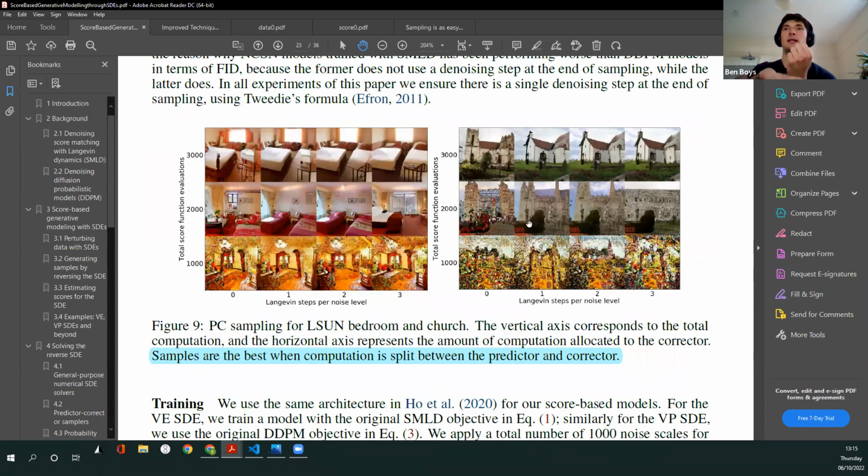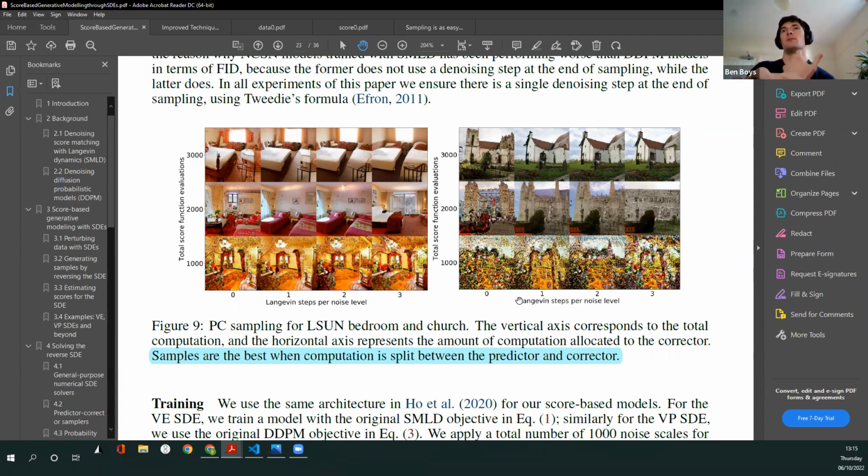And what that means is that, so here's your compute budget on the y-axis, so the total score function evaluations. And here is how many steps you pause for to correct the distribution to make sure you're sampling from a stationary distribution to make sure you converge at the current time step.